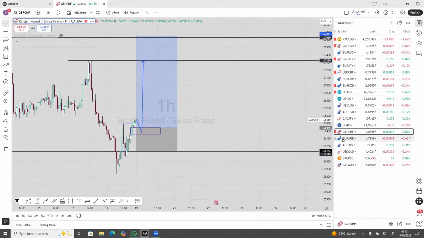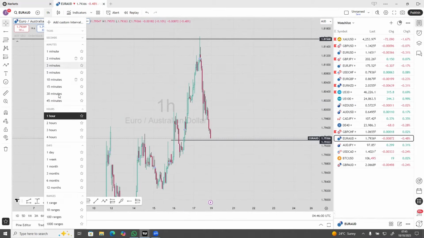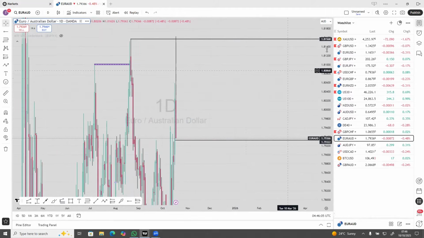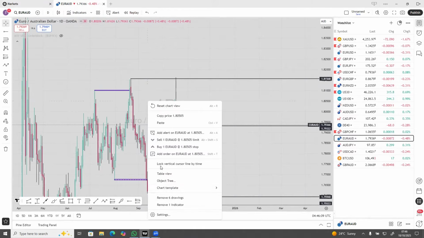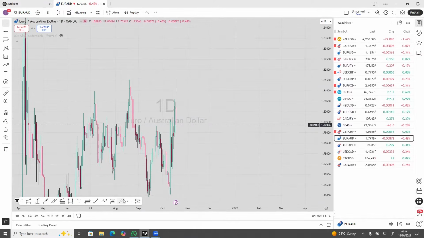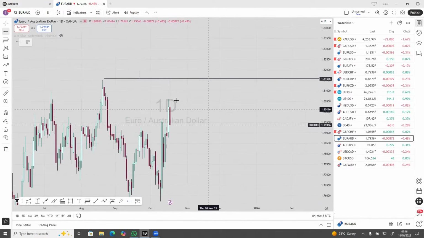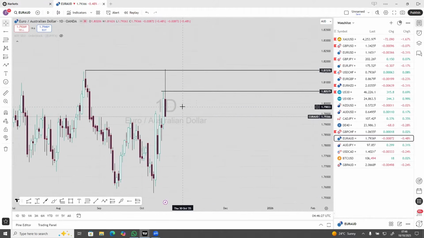Another one, Euro AUD. On the higher time frame, on the daily time frame, let us study it. There is a liquidity sweep, and a manipulation candle closed over there.